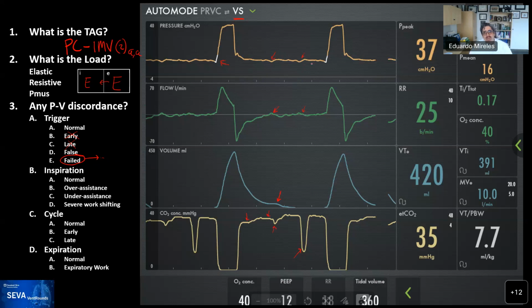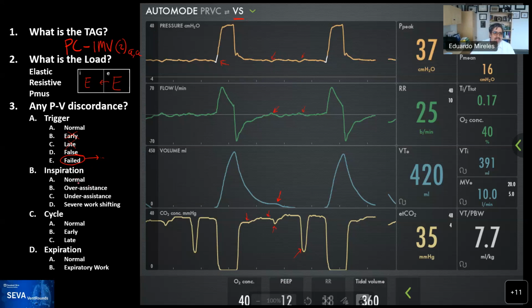And sometimes you cannot see these very well because the gain or the scale on the pressure waveform or the flow is not good enough to show you those aberrancies. And so they may be happening, but you don't see them as well as you should.